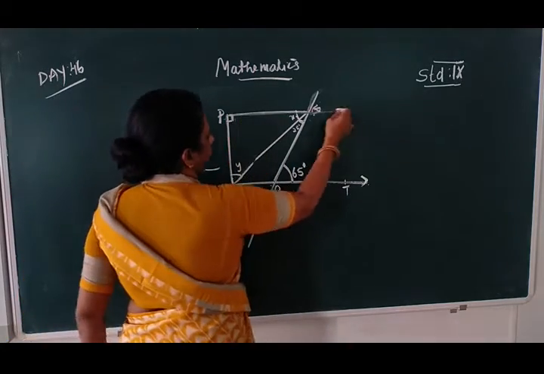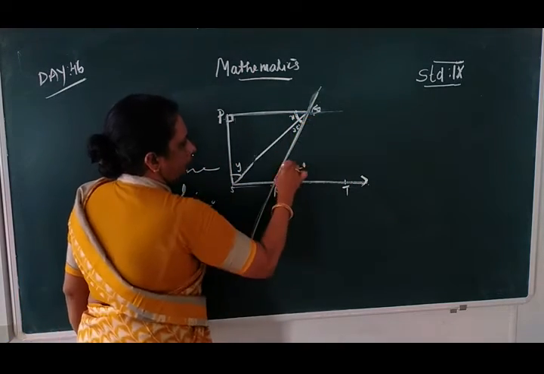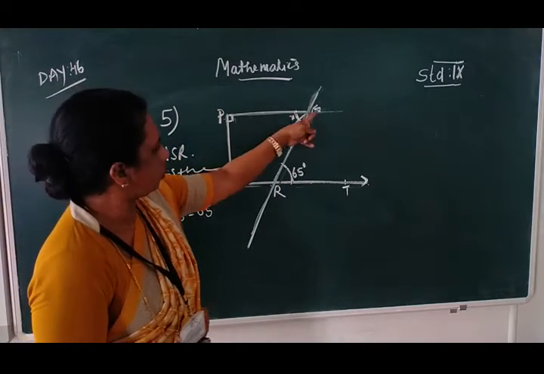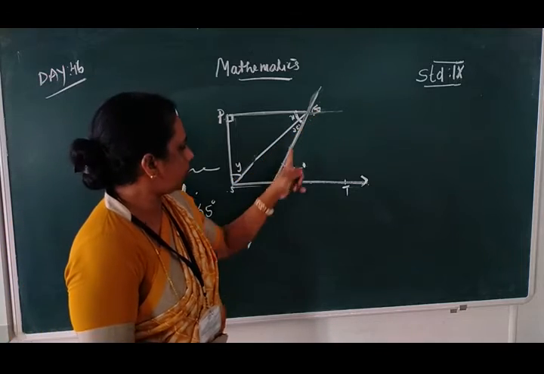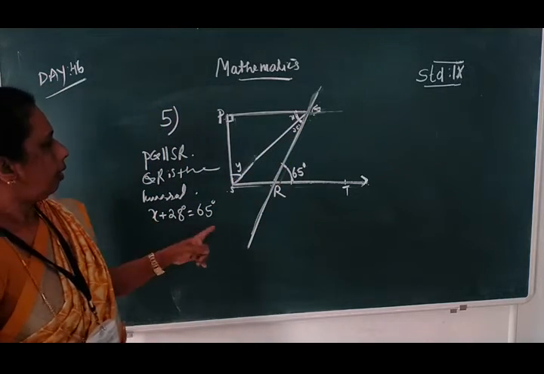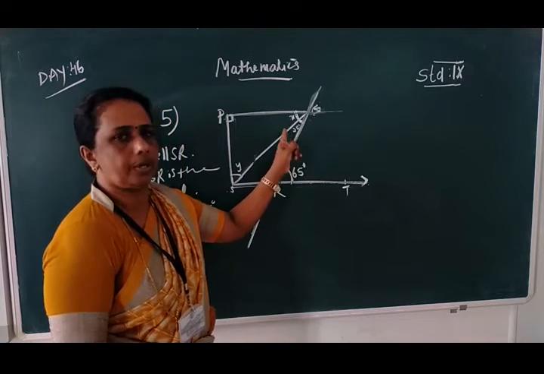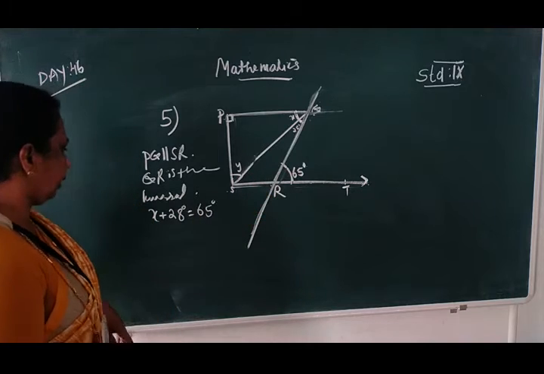So, PQ is parallel to SR and this is the transversal. These are the alternate angles. Angle PQR is equal to angle QRT. Angle PQR, X plus 28, is equal to this angle, 65 degrees.